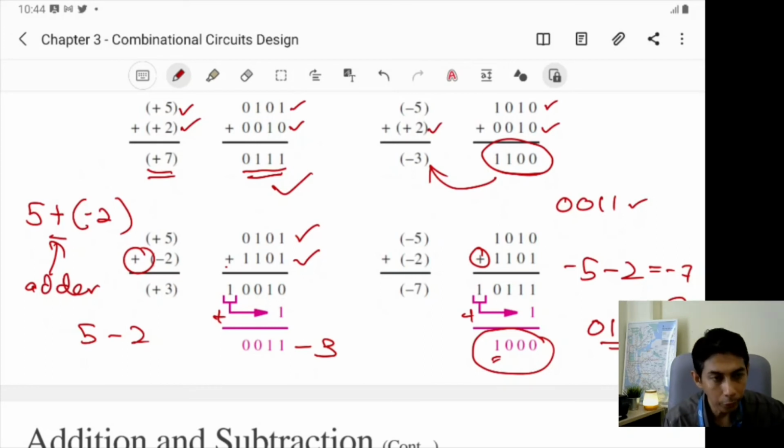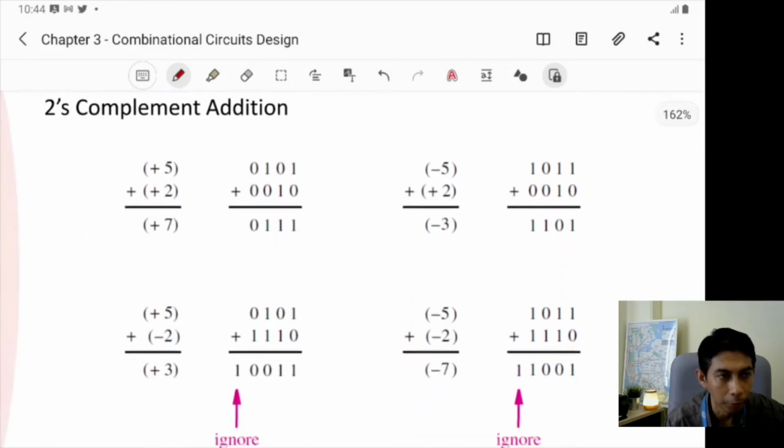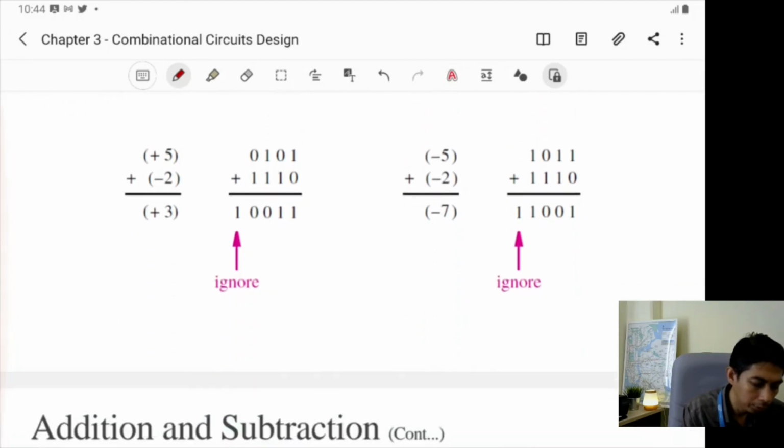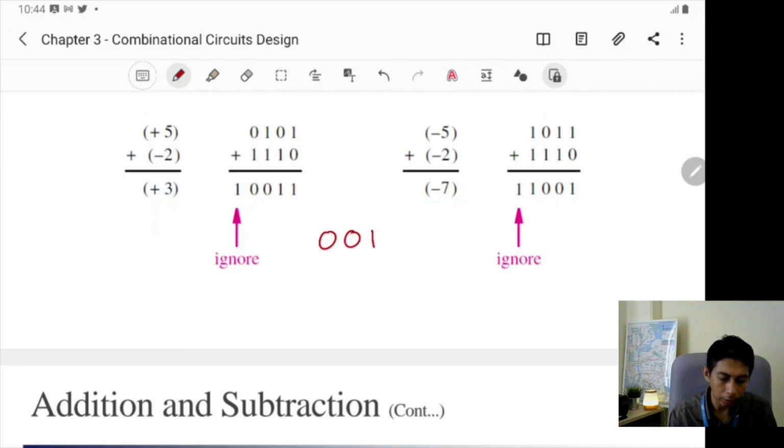What if we can do addition using second complement number instead? Same concept, but now the negative number is represented using second complement number. What is second complement number? To get second complement number, for example, number 2, in binary is 0, 0, 1, 0.